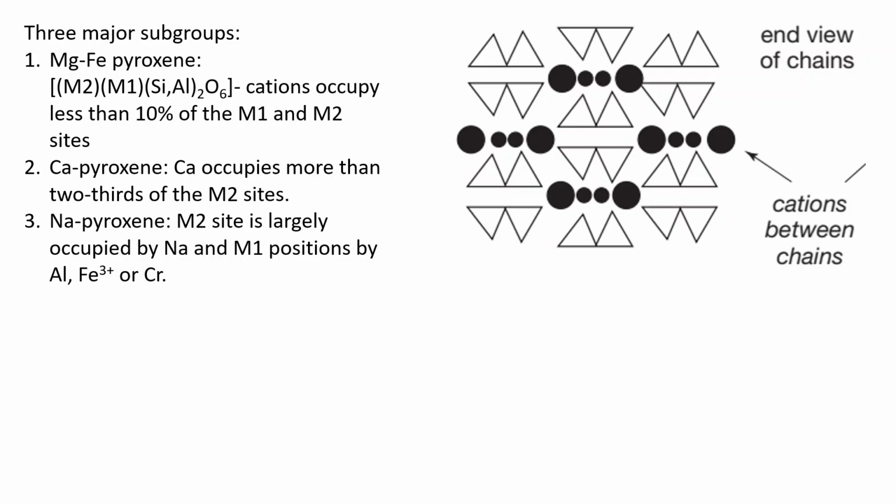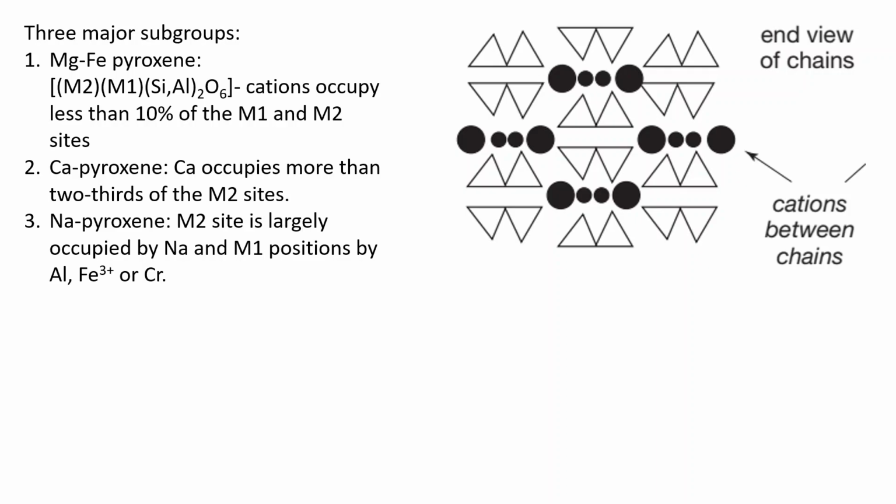Here M2 and M1 are the cations, and these cations occupy less than 10% of M1 and M2 sites. Now calcium pyroxene: calcium occupies more than two-thirds of M2 sites. And sodium pyroxene: here the M2 site is largely occupied by sodium, while the M1 position is occupied by aluminum, ferric iron or chromium.